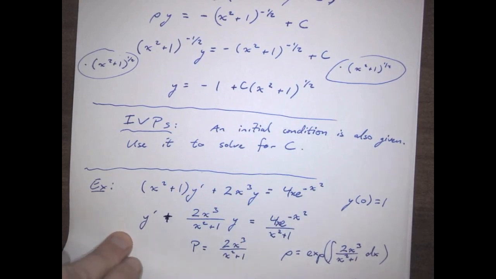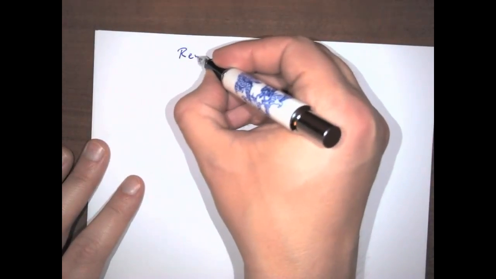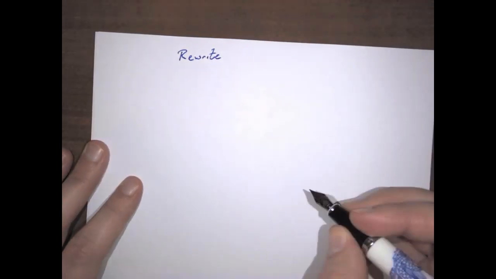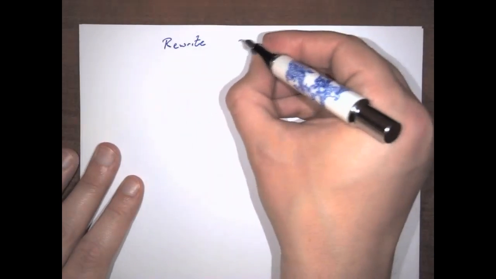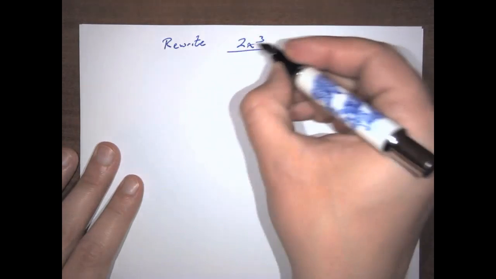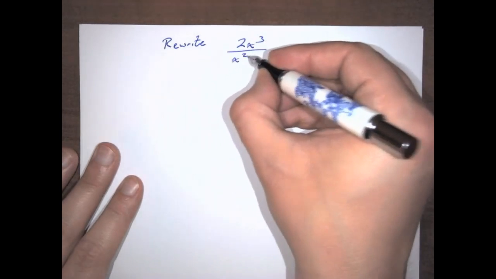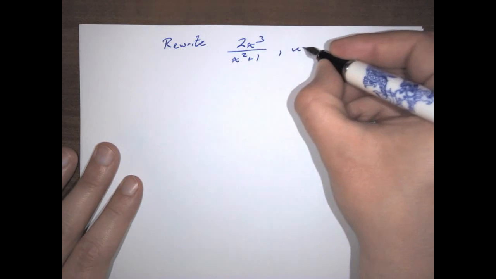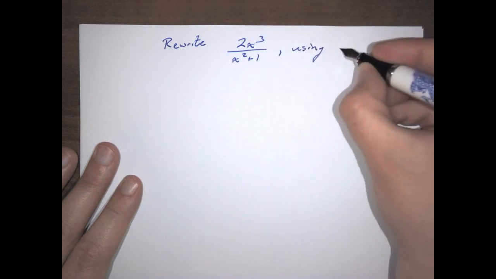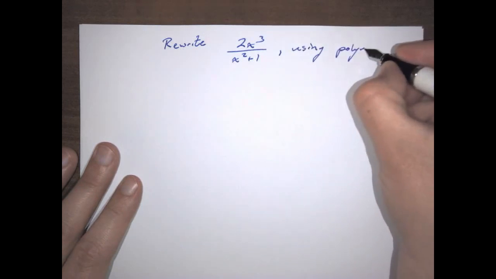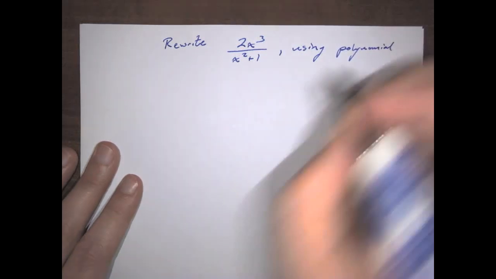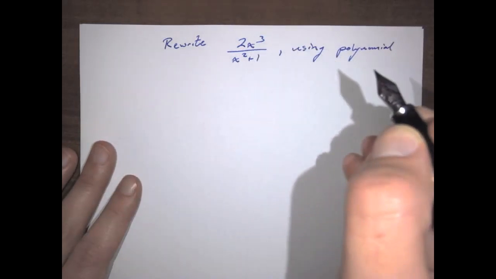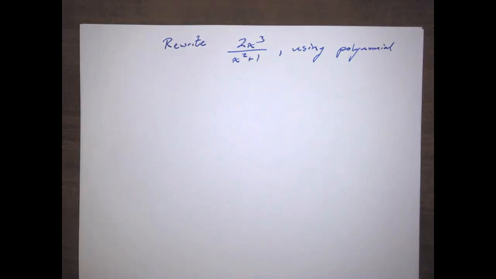But here we're going to rewrite 2x cubed over x squared plus 1 using polynomial long division.